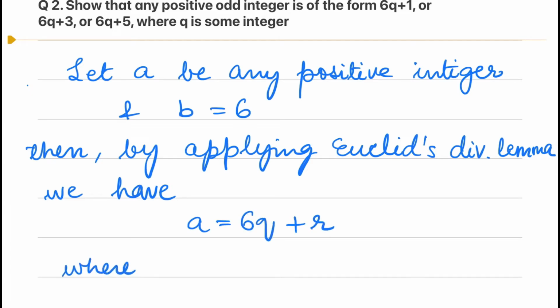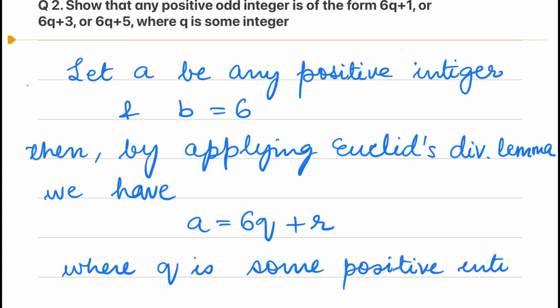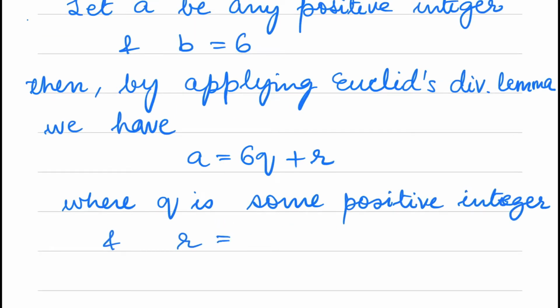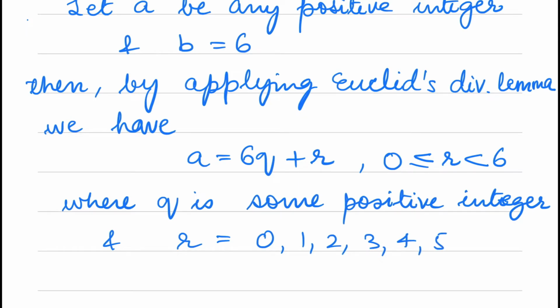Here q is some positive integer and r is greater than or equal to 0 and less than 6. So r is equal to 0, 1, 2, 3, 4 or 5.